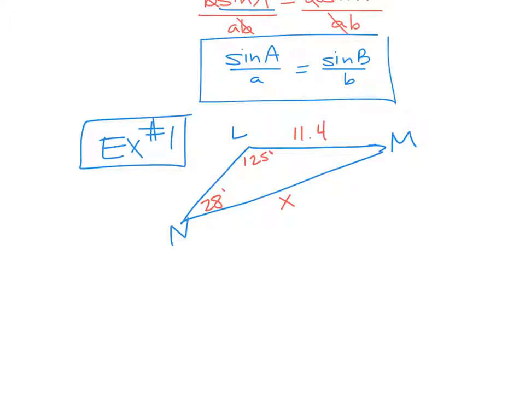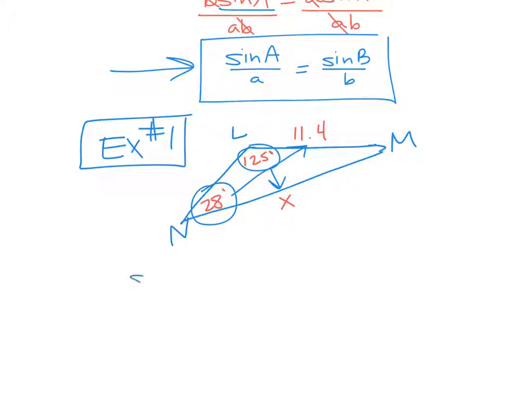Really what I always look for, I don't even look for those types of triangles. I look for, do I have an angle with the side across from it and another angle with the side across from it where I'm only missing one number, okay? Which I have here, okay? So here's the setup. It is sine A over a equals sine B over b.